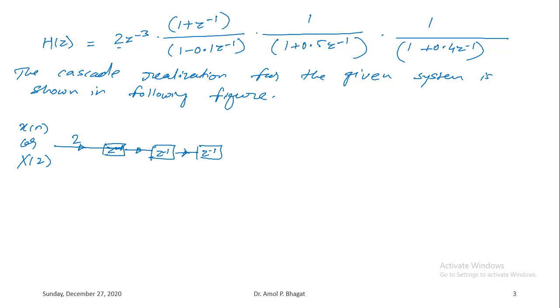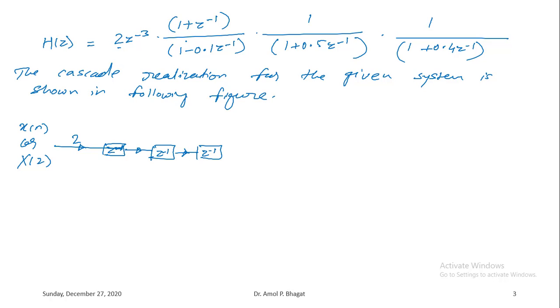The next, here numerator and denominator terms are there, right? So this can be realized by using direct form 1 or direct form 2 realization that were discussed in the previous session. So for realization of this term we can use direct form 1 or direct form 2 realization.